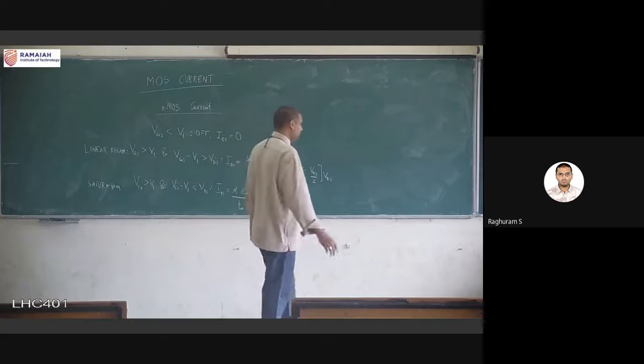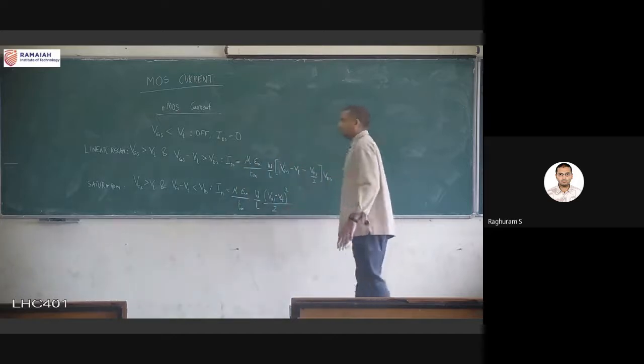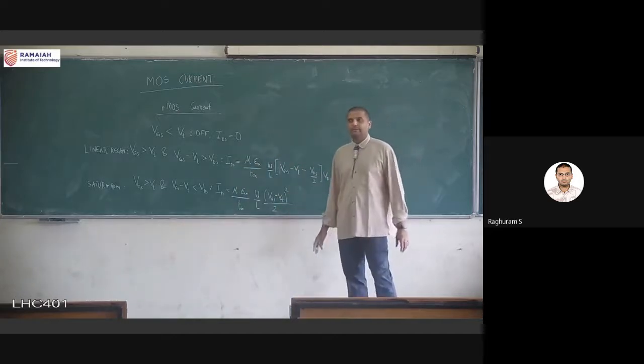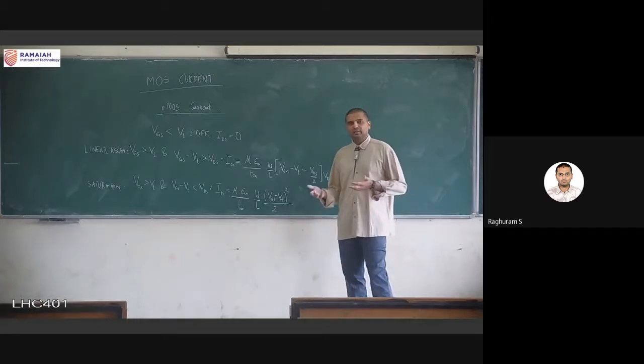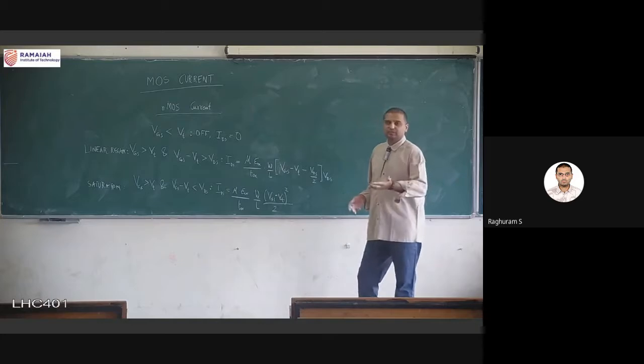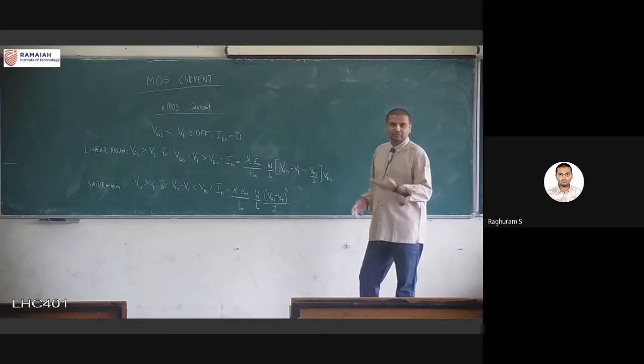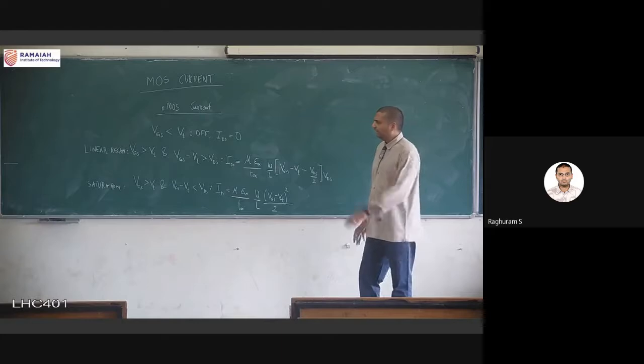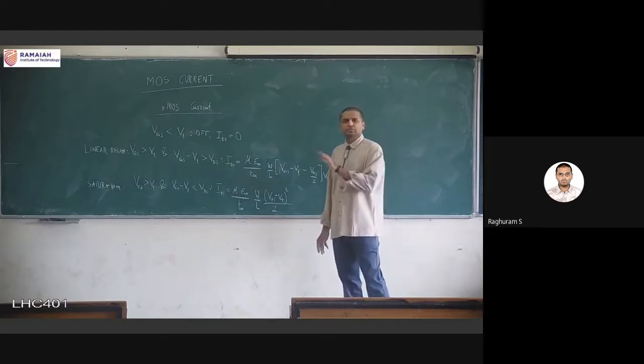So this is the overall summary of the NMOS current, and again, we have made many approximations also, right? For example, VGC we assumed as VDS minus V plus VT by 2, etc. And many times we have made assumptions for the drift velocity, we have made assumptions for the electric field.